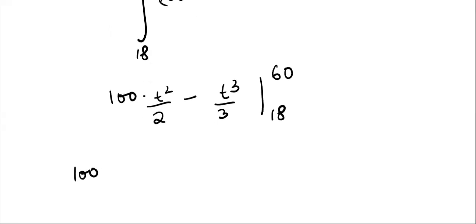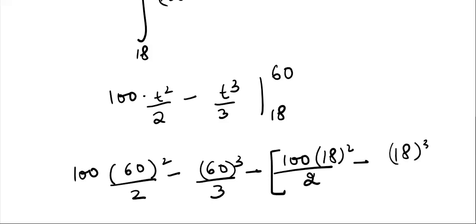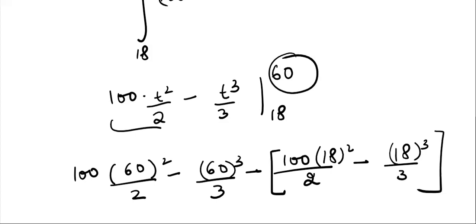This would give 100 times 60 square by 2 minus 60 cube by 3, minus 100 times 18 square by 2 minus 18 cube by 3. So you put the higher value in the function first and minus you put the lower value in the function.